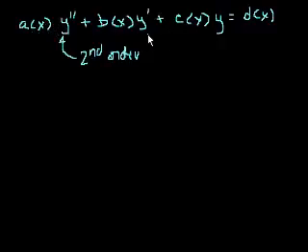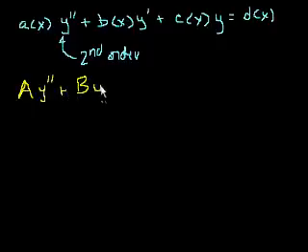And now before we start trying to solve this generally, we'll do a special case of this, where a, b, c are constants, and d is 0. So what will that look like? I could just rewrite that as a, so now a is not a function anymore, it's just a number, times the second derivative of y with respect to x, plus b times the first derivative, plus c times y.